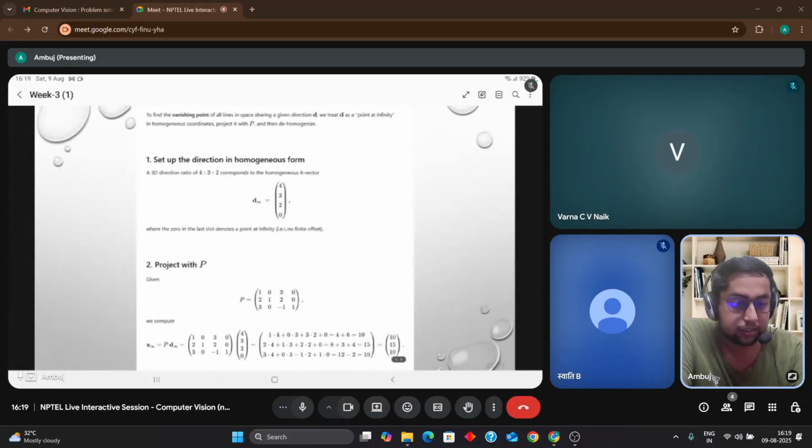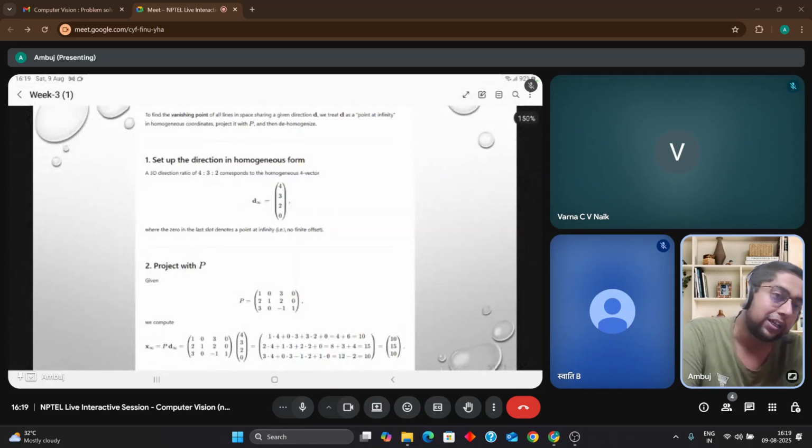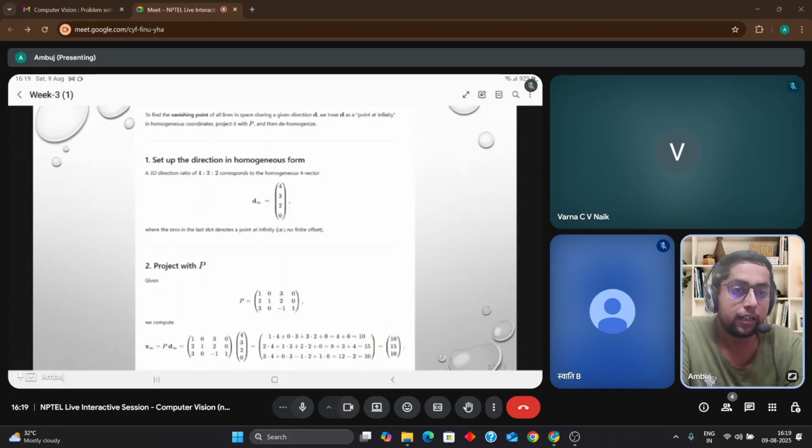This is the dehomogenization from R3 to R2. I have already taught you how to represent the x, y, z coordinates in u, v, w format.